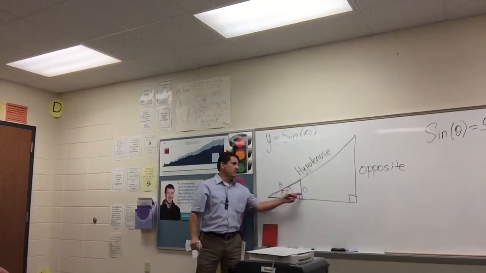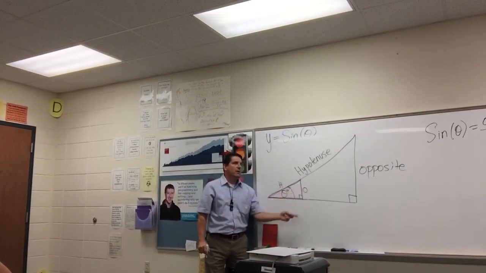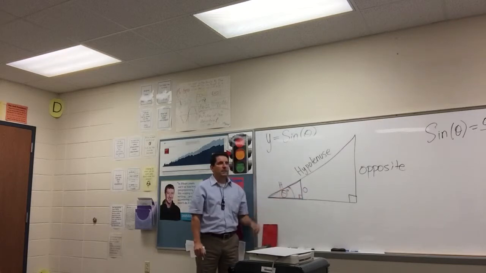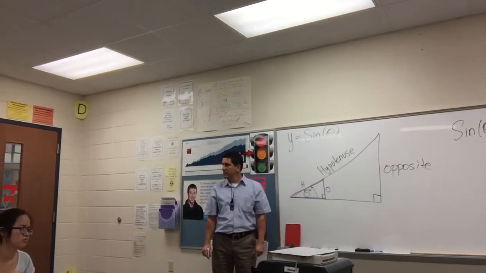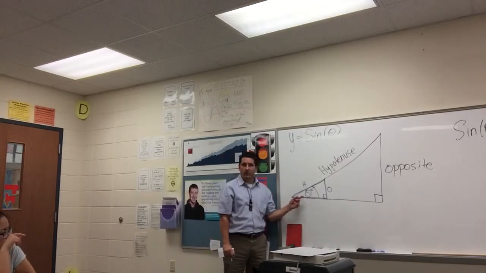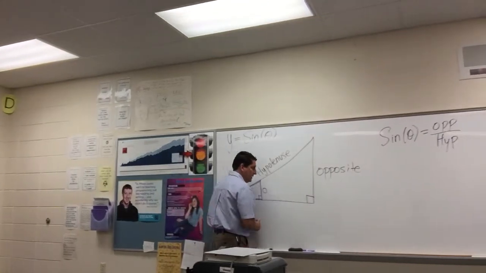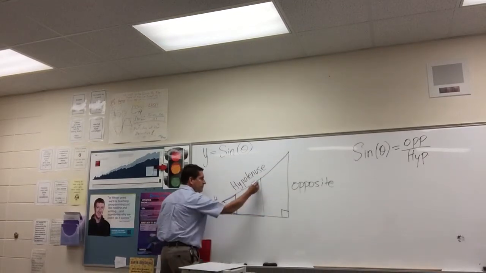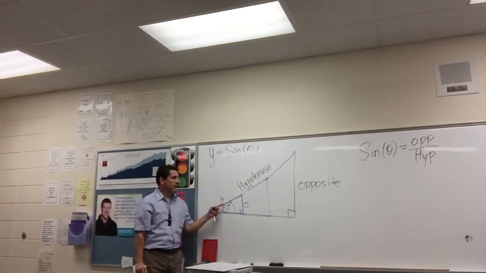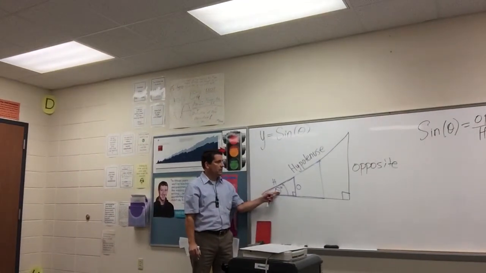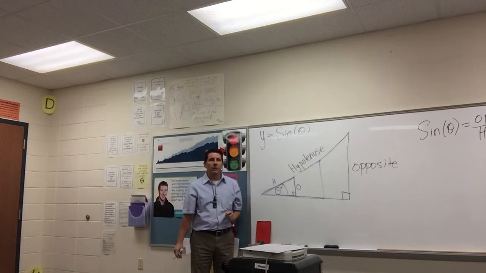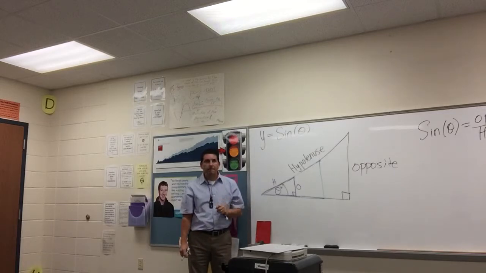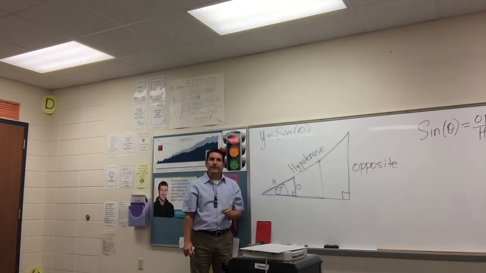This one is smaller than the other one, but when you divide this one by this one, you get the same exact answer all the time for a specific angle. That's the deal with this. It doesn't matter how big you make these things. If you make it a right triangle, it works every single time. And that's how they define the relationship between the angle measure here and this made-up thing called the sine. So if they have the same angle, it'll always have the same ratio. Exactly. Every single time.